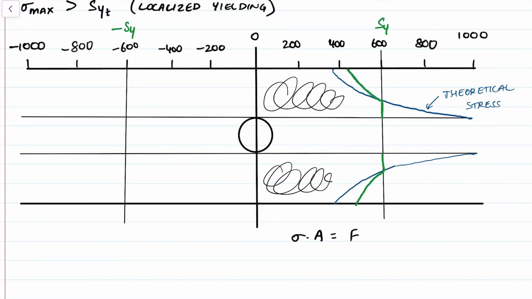And in our case, we're not changing the value of the force. So the value of the force is constant. Right? And because I am dropping the value of the stress, I need to increase the area under the plot. So therefore, the green line is actually at a higher value than the blue line is.